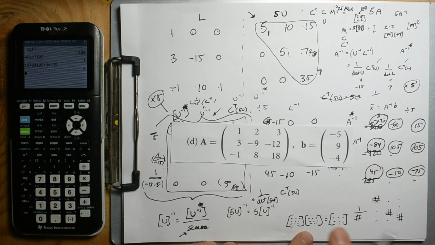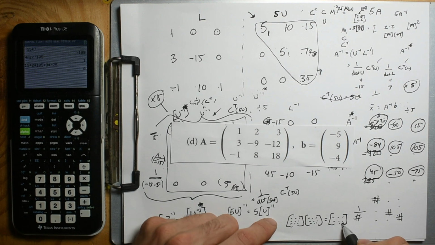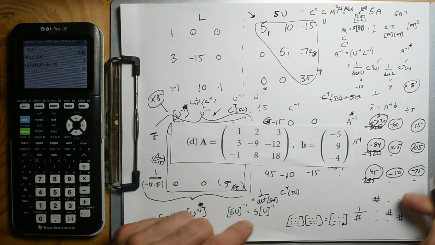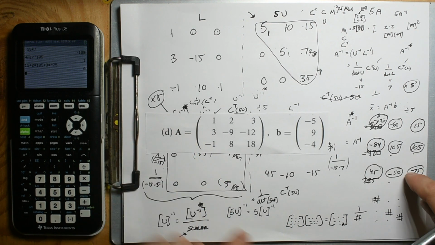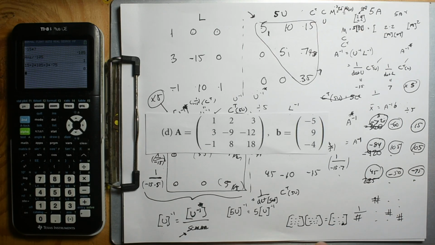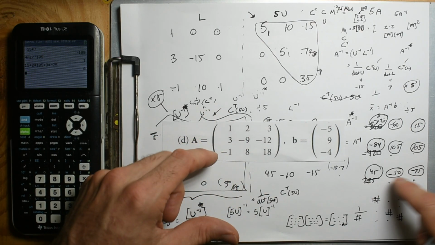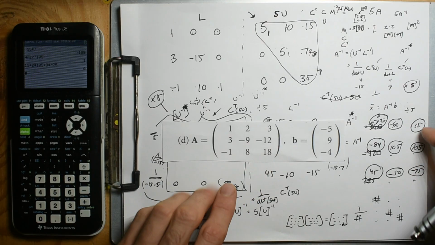I'm pointing to this location, but I mean that location. To get this value after the multiplication, it's third row, third column.